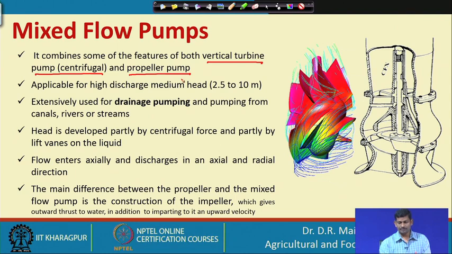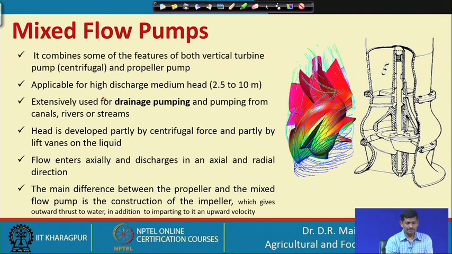If you see here, this is a propeller. First water will flow through the propeller, then the impeller. So, with the propeller it goes straight, then after that it goes radially.